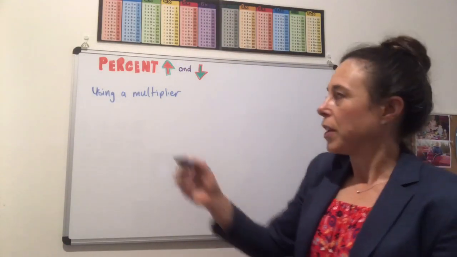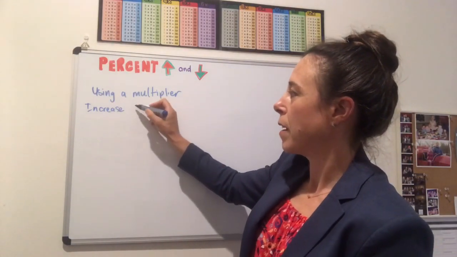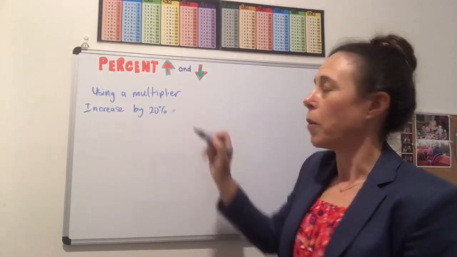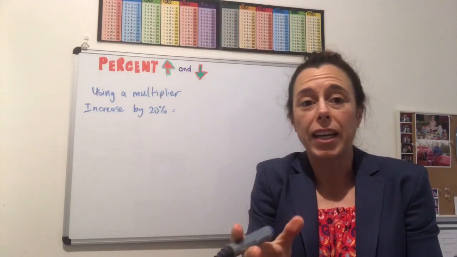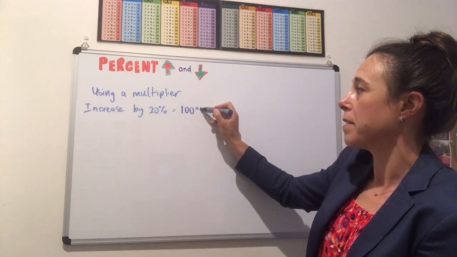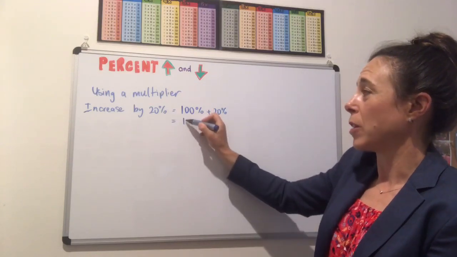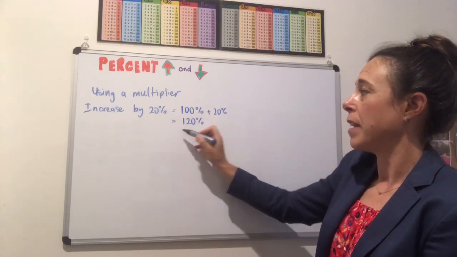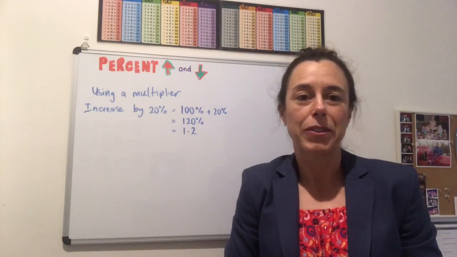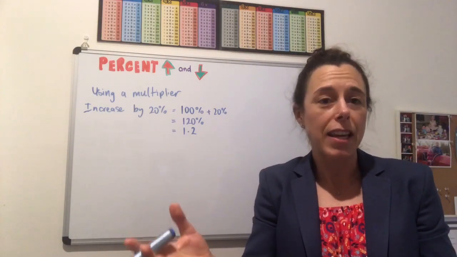So with our multiplier, if we want to increase by 20%, what we are essentially saying is that we need 100% plus that extra 20%. So to work out what the multiplier is, we are saying we actually want 120%, which equals 1.2 of the original amount. Okay, so using a multiplier we can find out what the increase is in one step only.